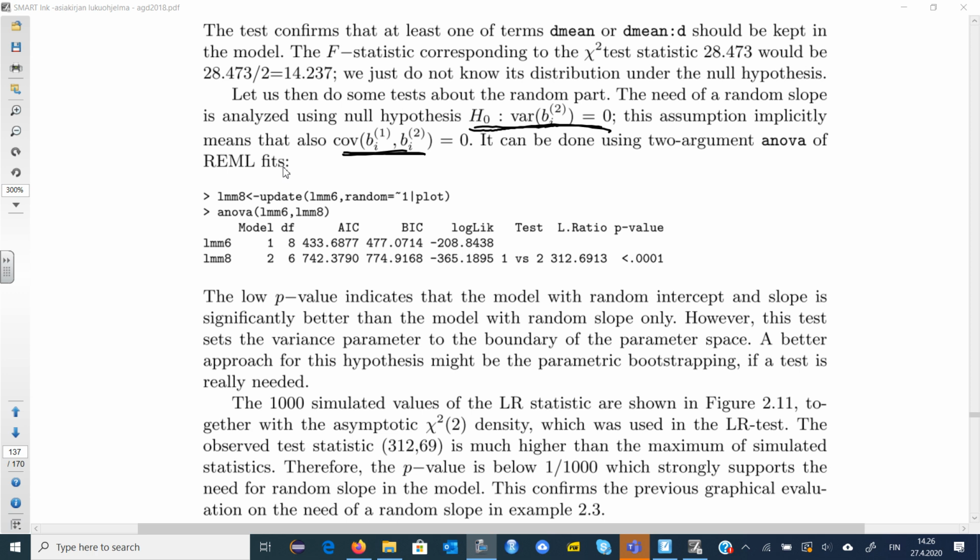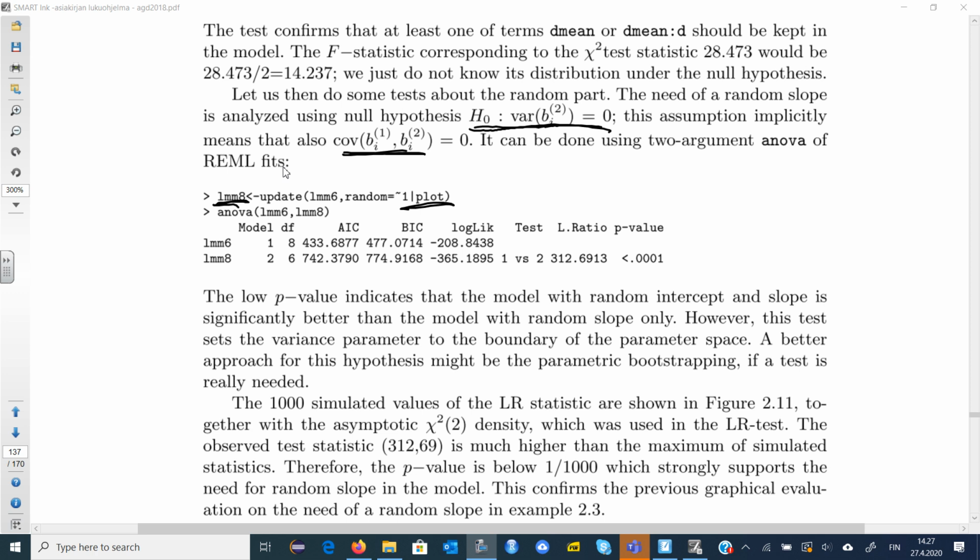And now we can use the two-argument ANOVA for that. So we update with another model, LMM8, that includes only random intercept at the plot level, and therefore now we have both LMM6 and LMM8 fitted, and now we are using the REML likelihood ratio test, because we are doing tests about the random part of the model.